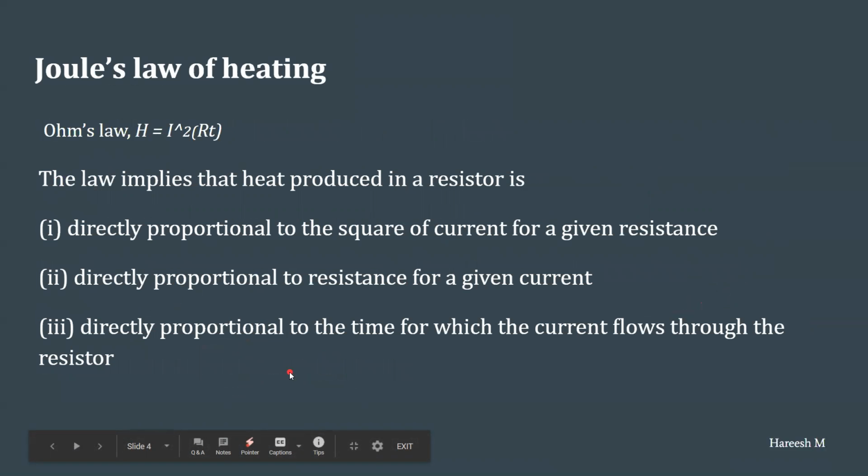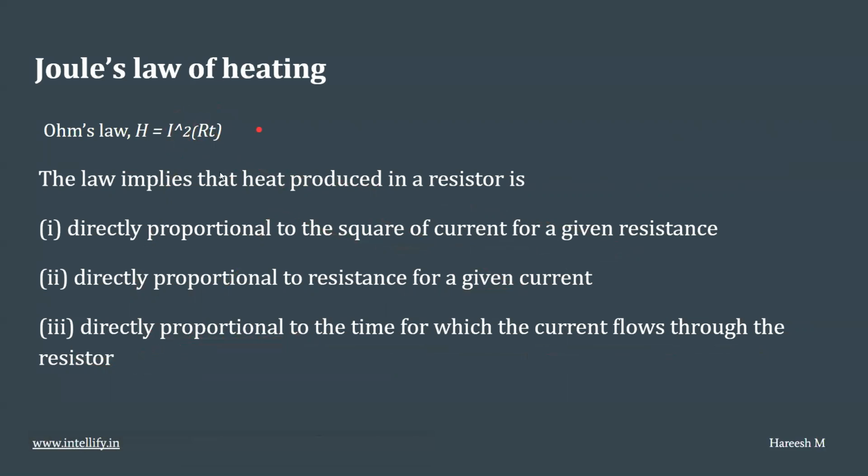Now let us look more into Joule's law of heating. From Ohm's law, we got the equation H = I²Rt. This implies that the heat produced in a resistor is directly proportional to the square of current for a given resistance, that is I². It is directly proportional to the resistance for a given current, that is R. And it is directly proportional to the time for which the current flows through the resistor, that is t.